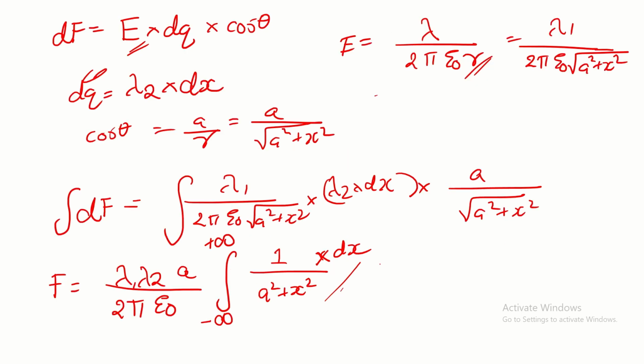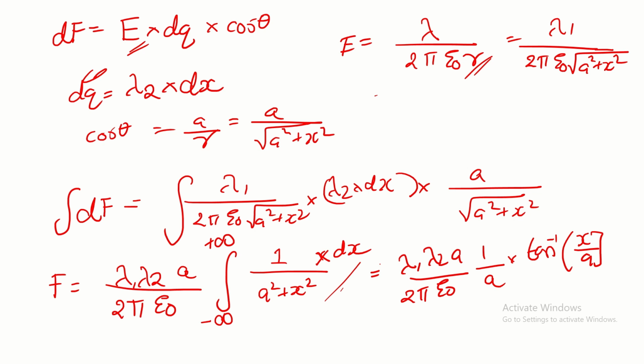So we can write this as lambda 1 lambda 2 a by 2 pi epsilon naught into the integral, which we just said is 1 by a into tan inverse x by a with the limits from minus infinity to plus infinity, and then we can take 1 by a outside because it's a constant.